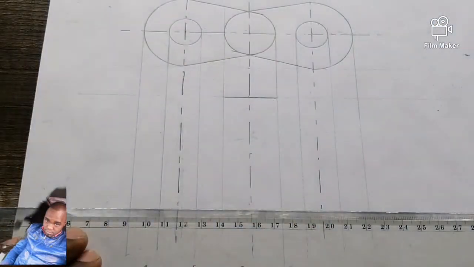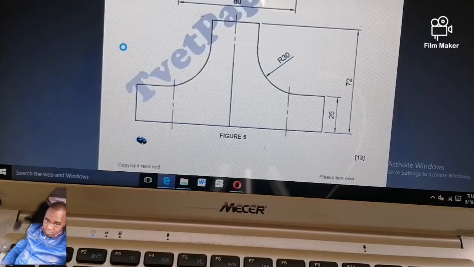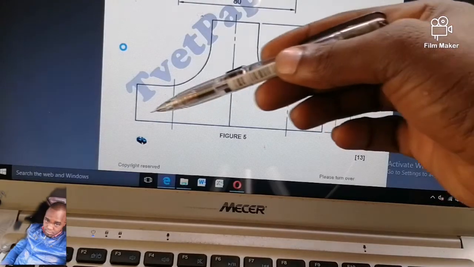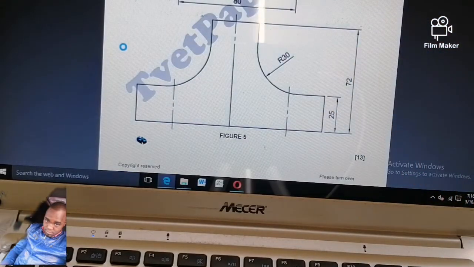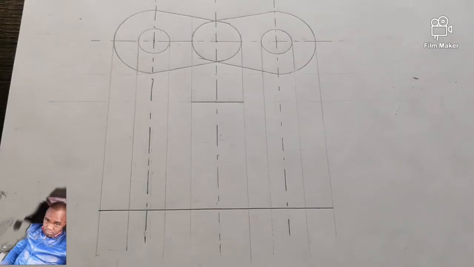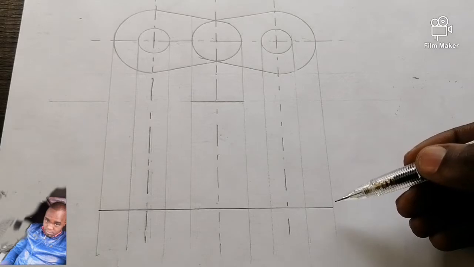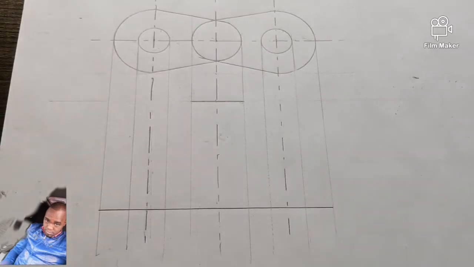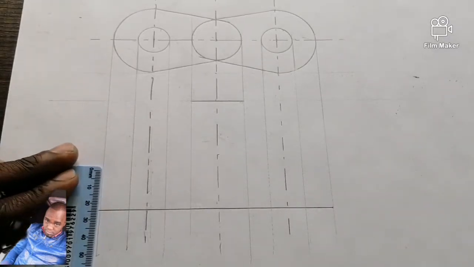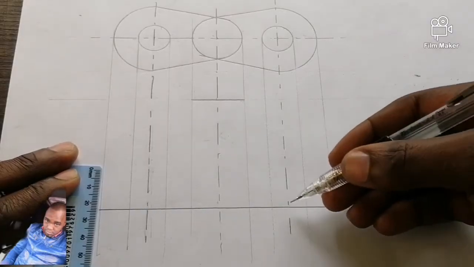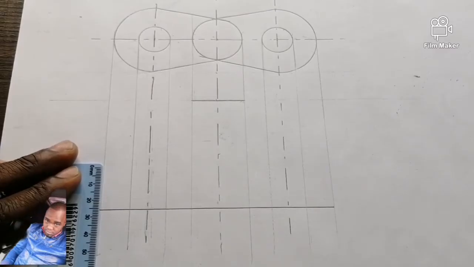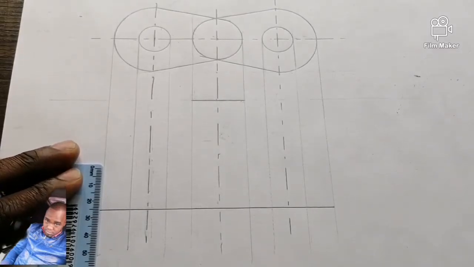So this dark line is which one? This dark line is this one. From here till there, it's just a horizontal straight line. Without fear or favor, I will know what is dark. So I can just construct it solid, and from here till there we are told it is 25 millimeters. Up to you whether you measure it here or anywhere, as long as it is vertical.